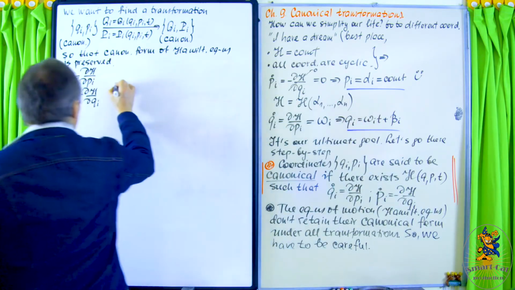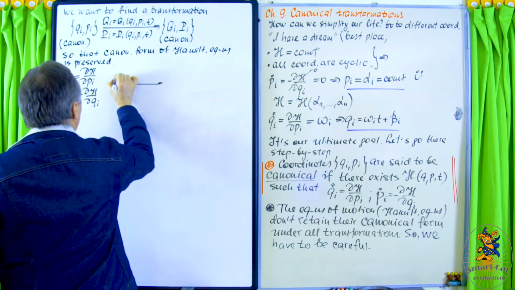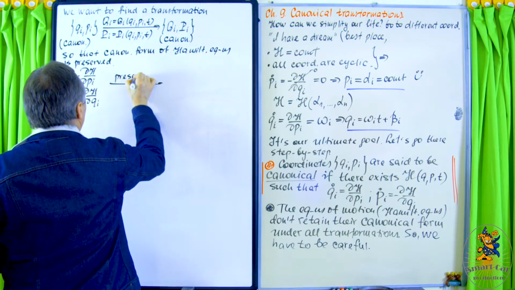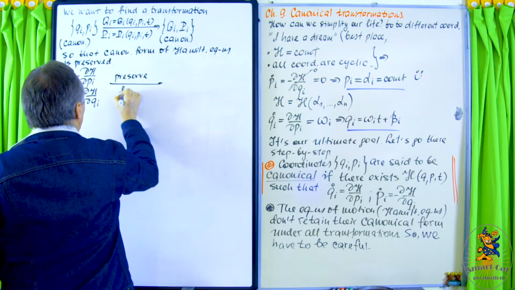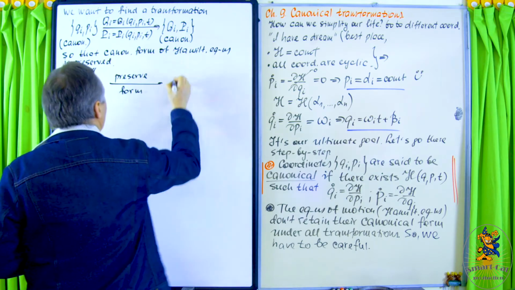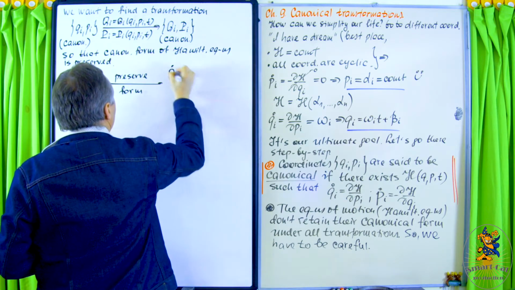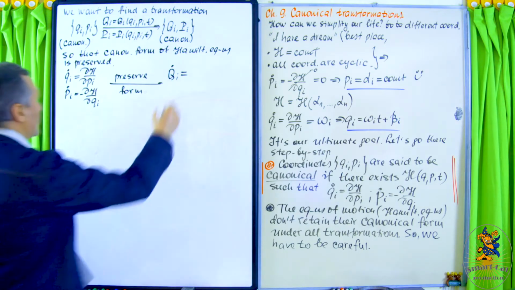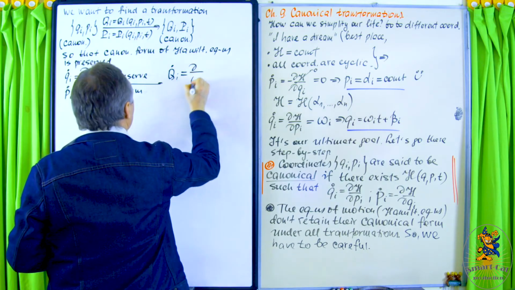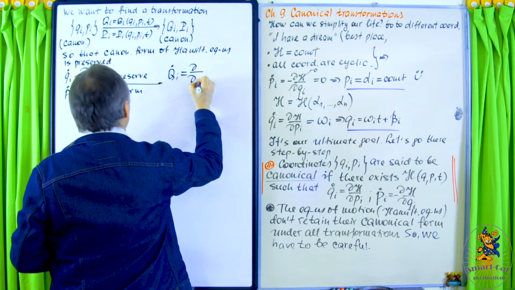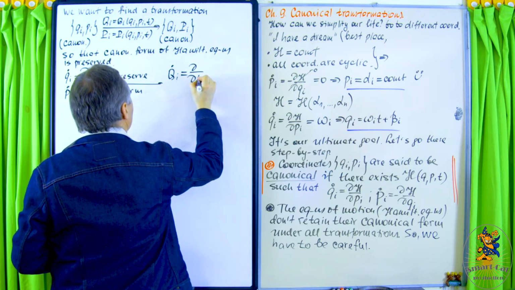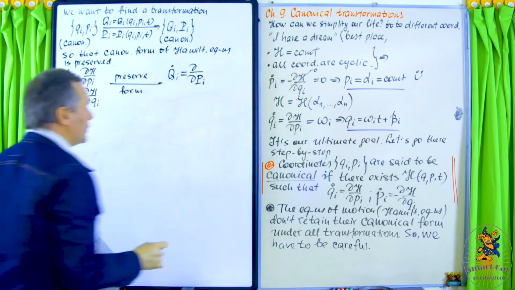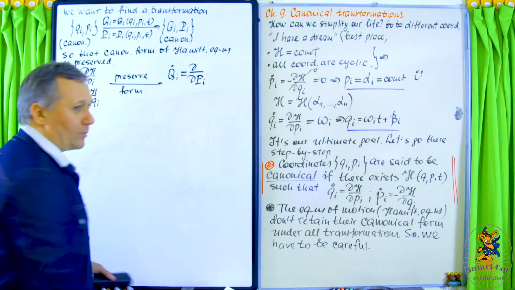And here, of course, they preserve the form, and we will have now q capital dot equals the partial derivative of the new Hamiltonian with respect to the new generalized momentum.